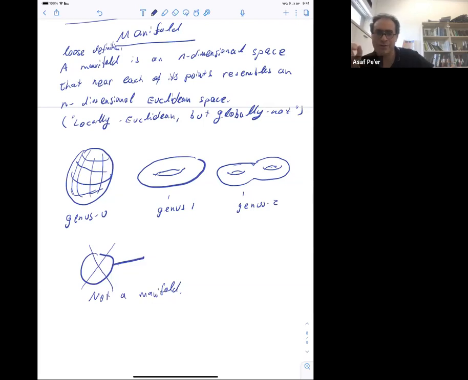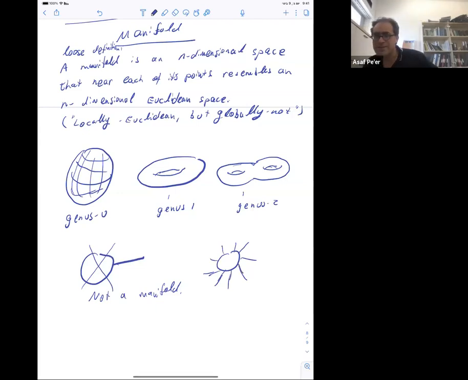If you look with a magnifying glass, closer and closer to a point, it will get Euclidean. Mathematicians can think of all sorts of crazy spaces, and this is a space, but it is not a manifold, and you realize why.